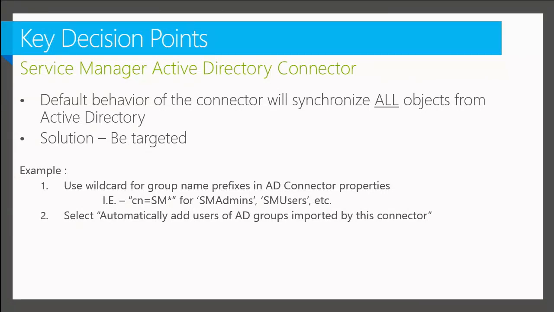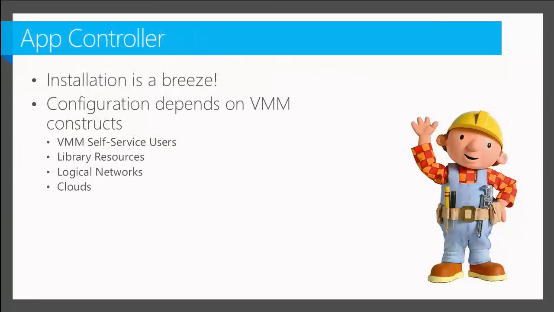However, it's going to import everything in your entire AD unless you are targeted about this connector. There are some ideas about how to do that, but if you just fly through the wizard and set up this connector, you're going to all of a sudden have a very large Service Manager environment depending on the size of your Active Directory. And it takes a while to clean that up after the fact.